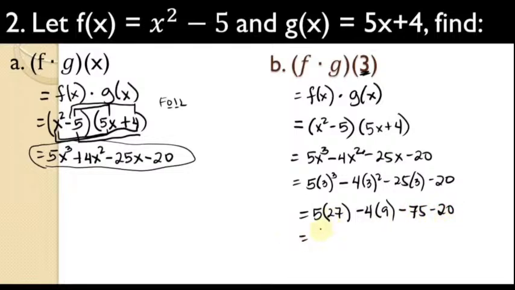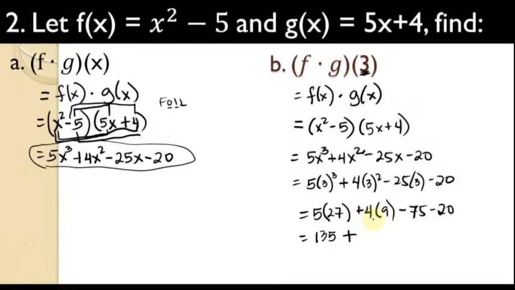So 5 times 27, that is 135. Then plus or subtract, wait lang, positive pala ito, positive, ito positive, positive. So we have plus 9 times 4.